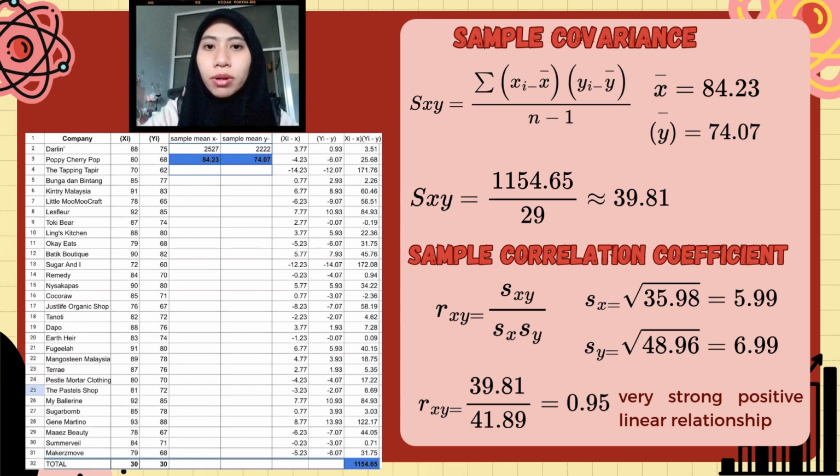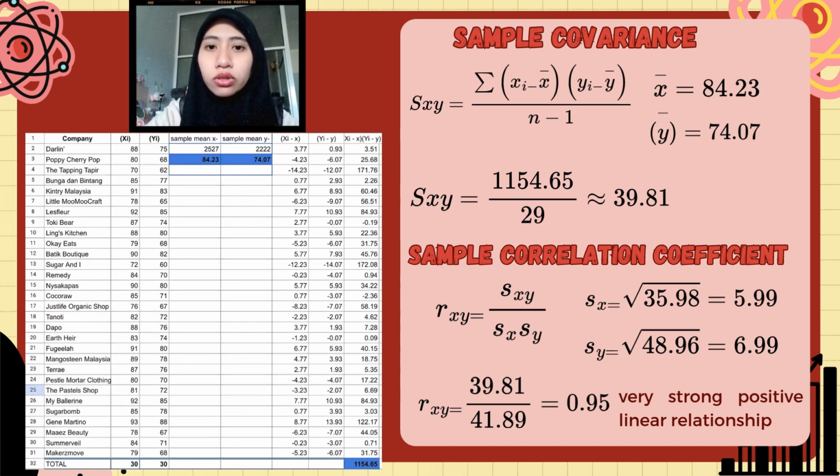As we can see from the picture, all satisfaction data minus mean satisfaction and all retention rate data minus mean retention equal to 1154.65 and divided by 29, since 30 minus 1 is 29 from the formula n minus 1. We got 39.81 for our sample covariance.